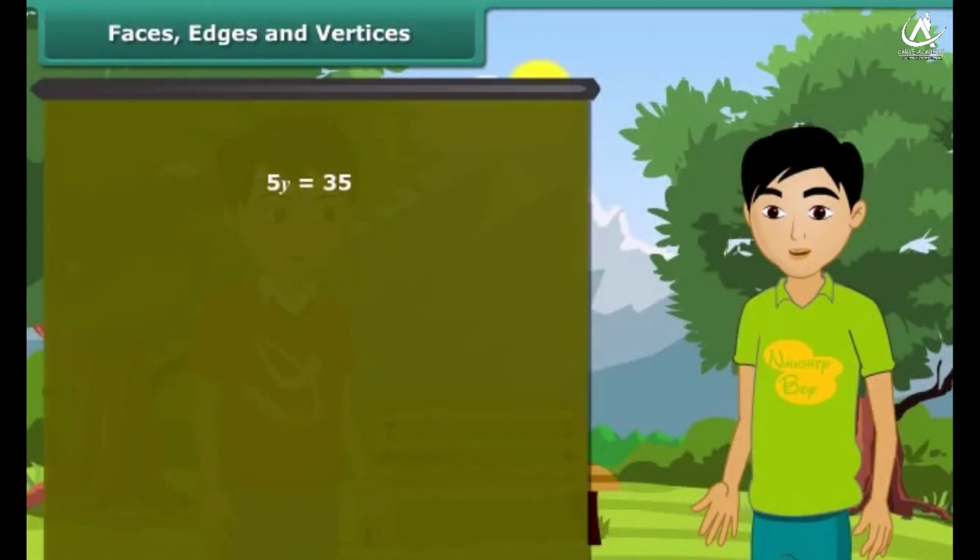Now take the equation 5y = 35. To get just y on LHS, we will divide both the sides by 5. So we get LHS equal to y and RHS equal to 7. Hence we get the result y as 7.